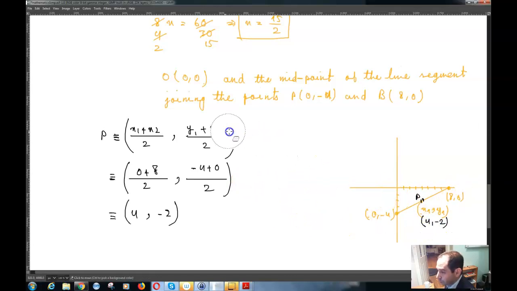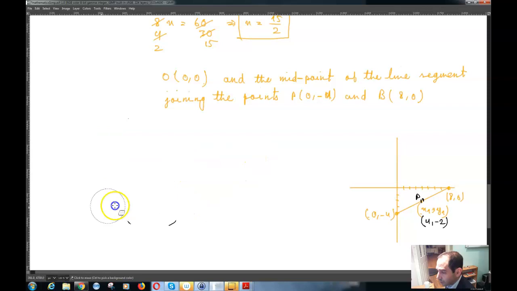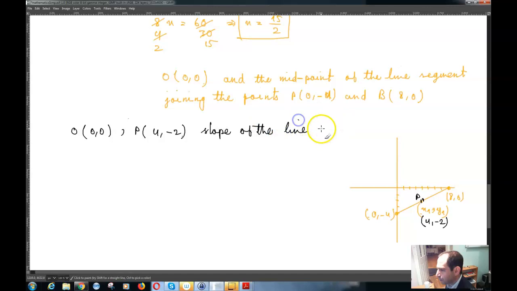Now you need the 2 points: one of the points is O, 0, 0, and the other point is P, 4, -2, and you want to find the slope of the line going through O and P, meaning going through this point and this point.